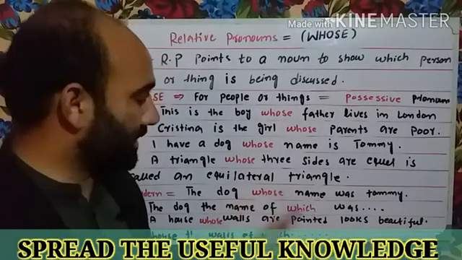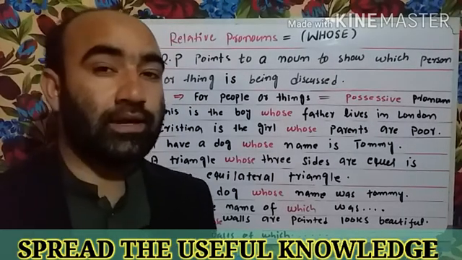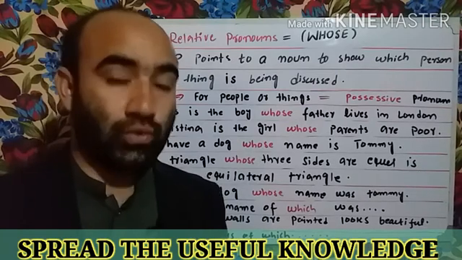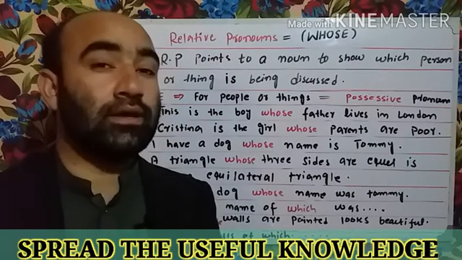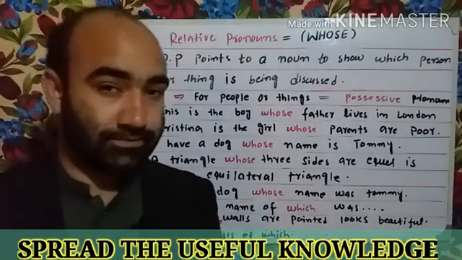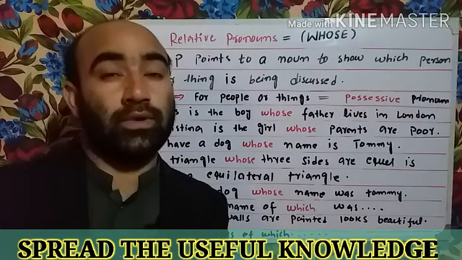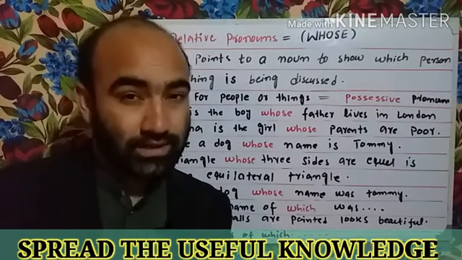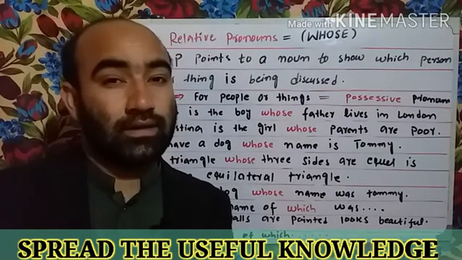If you remove se from whose, it will remain who. And whose is the derivative form of who. Keep it in your mind. In the early stages, in the first era, we were using whose just for human beings. But in modern English, we can use both, whose and which.